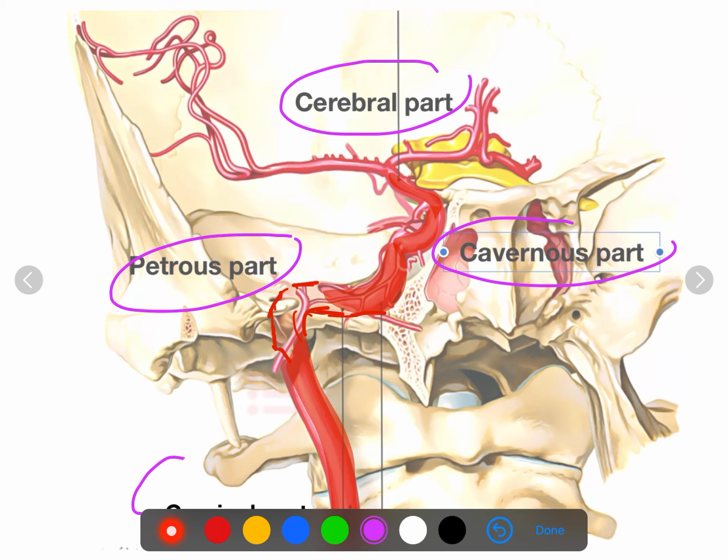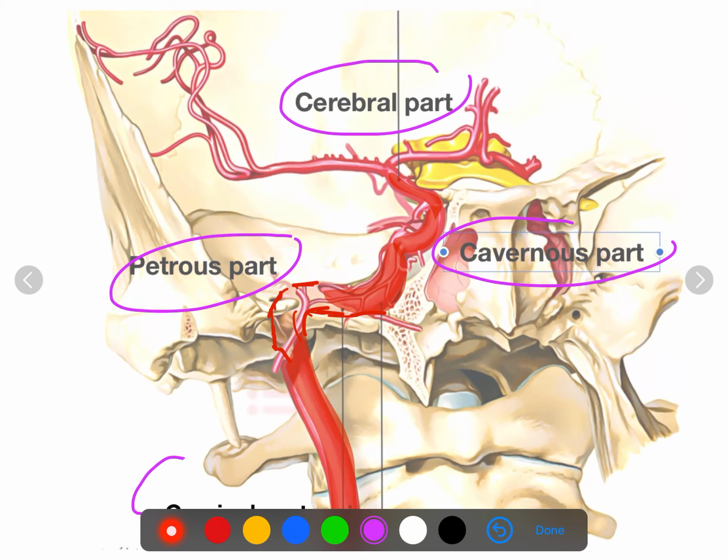Now the cervical part, or the first part, lies within the carotid sheath. It extends from the level of C4 vertebra to the carotid canal opening at the base of the skull. Now it passes to the petrous part.